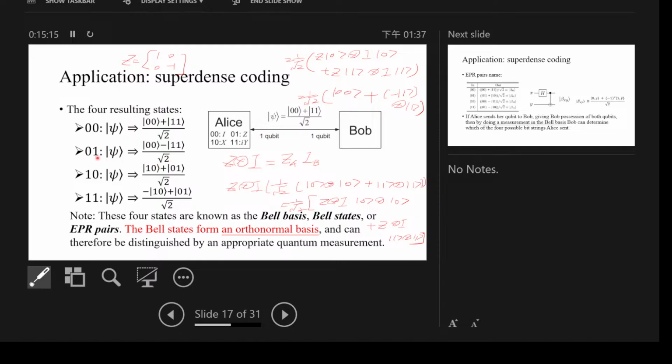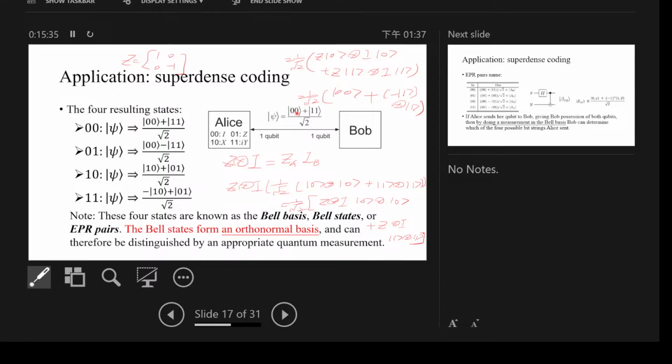Let's have an example here. The message being 1,0, Alice wants to apply a Z gate here. And we want to see what happens when you apply the Z gate on the first qubit of this 2 qubit state.